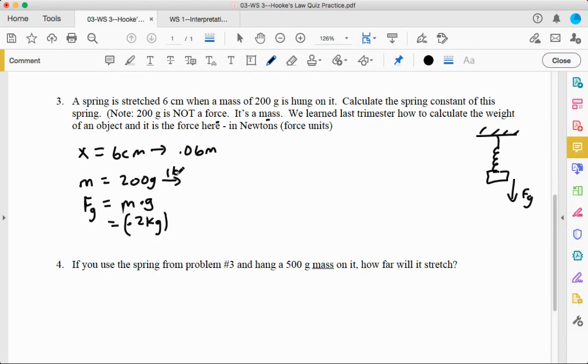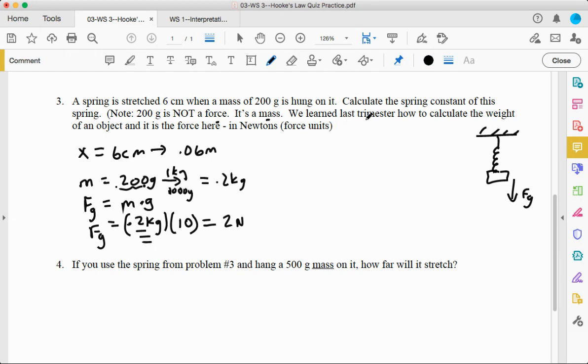So 1 kilogram is 1,000 grams; when we divide by 1,000, we move the decimal 3 places to the left. So 0.2 kilograms. And G is 10, if you recall. So the force of gravity pulling the spring is going to be 2 newtons.